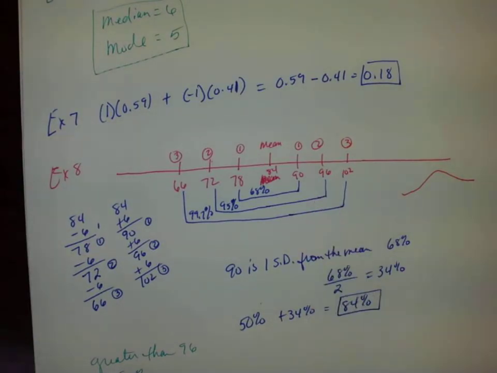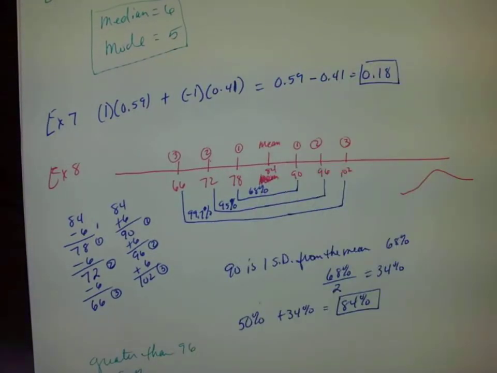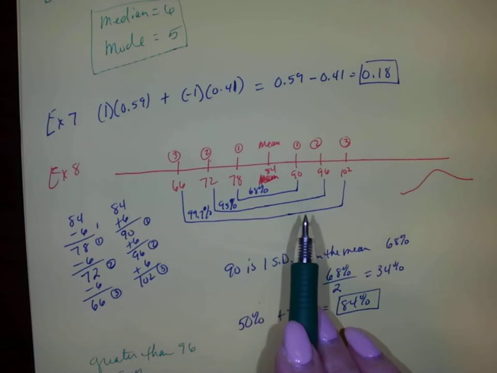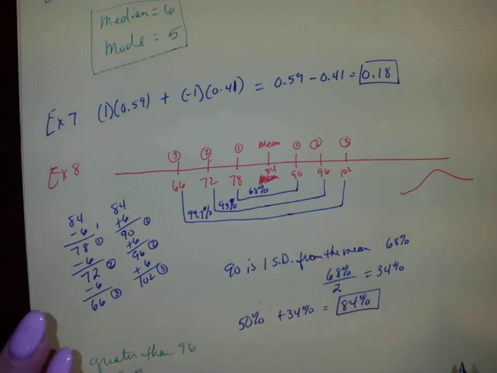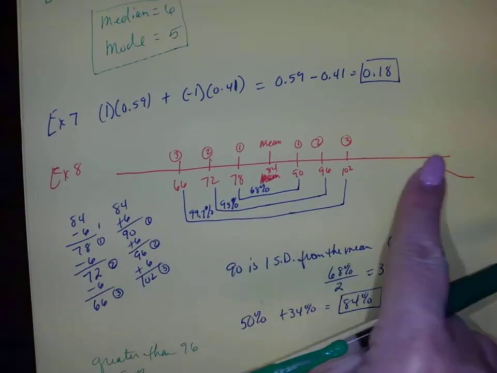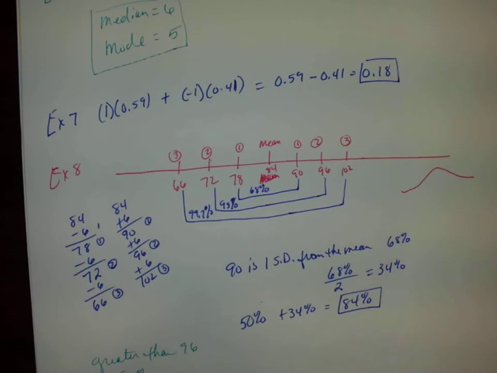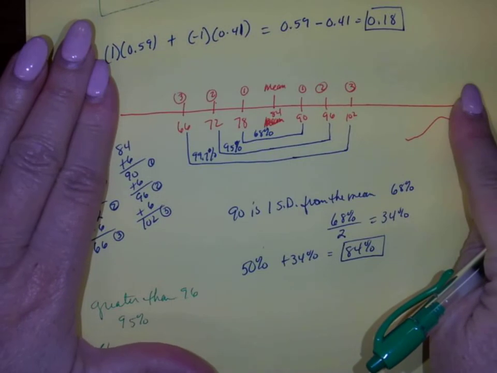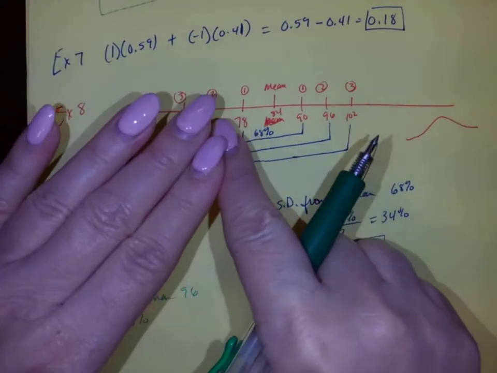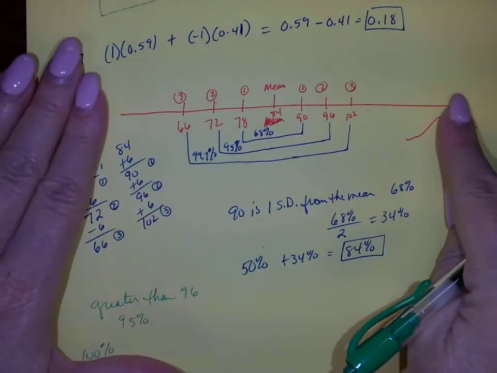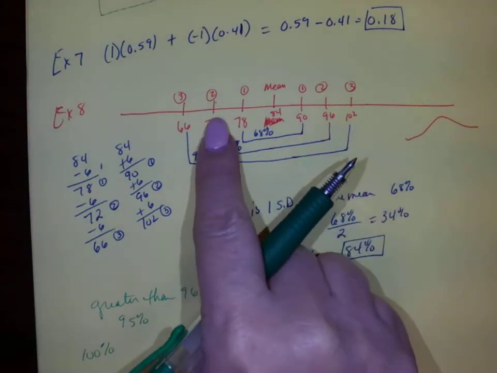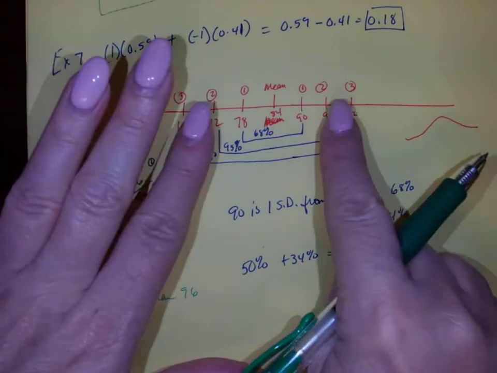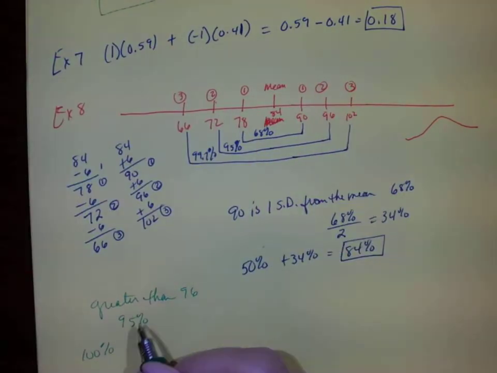Remember, half is down here, half is up there. Out of 100%, all of our data points lie in 100%, the entire graph and the entire total. And 95% occur from 72 to 96.